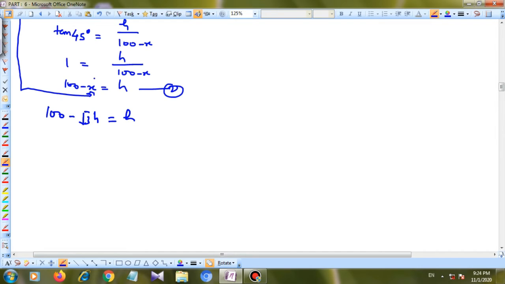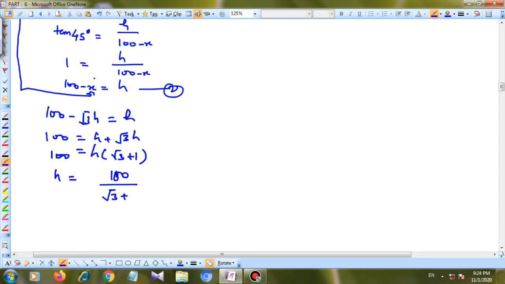Transfer root 3h to the side of h, then you will get h plus root 3h. Take h as common, so this will become root 3 plus 1, right? So the value of h will become 100 upon root 3 plus 1. So rationalize it. Multiply by root 3 minus 1 and root 3 minus 1. Can you get root 3 plus 1 and root 3 minus 1?